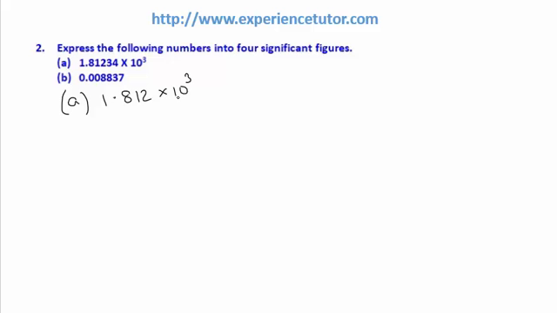Therefore, we have to drop off 3. The solution for the second question B will be 8.837 times 10 to the power minus 3.